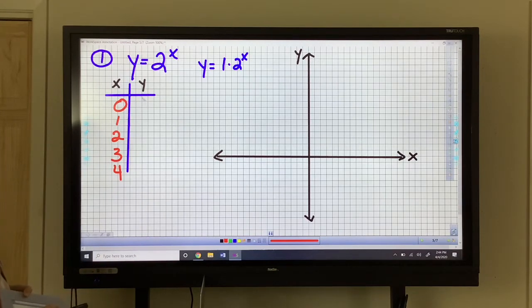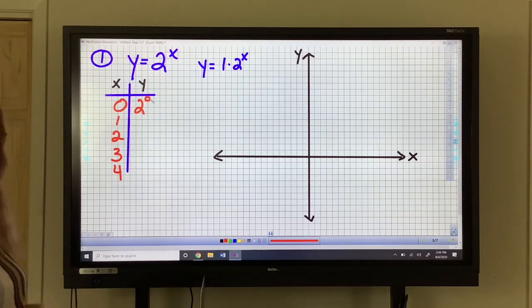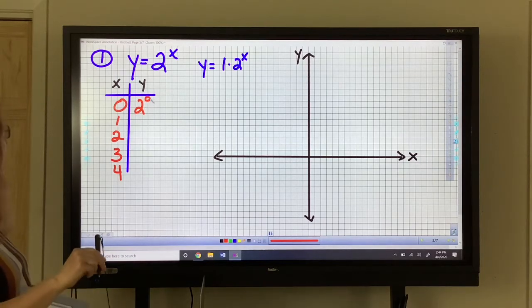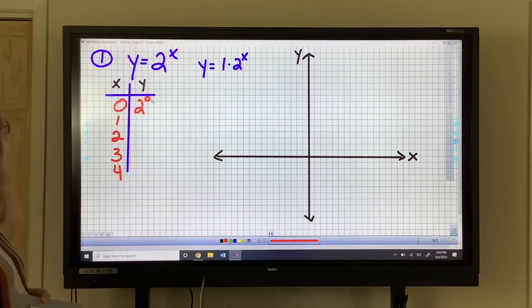So if I'm plugging this in, this means my x value here becomes 0. So I'm going to have 2 to the 0 power. If you remember from rules of exponents, anything to the 0 power is just 1. So my 0 is going to be 1.